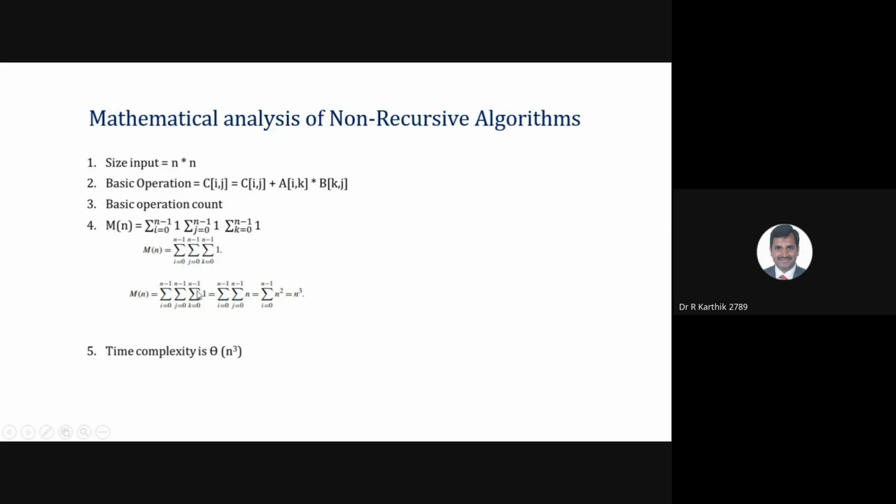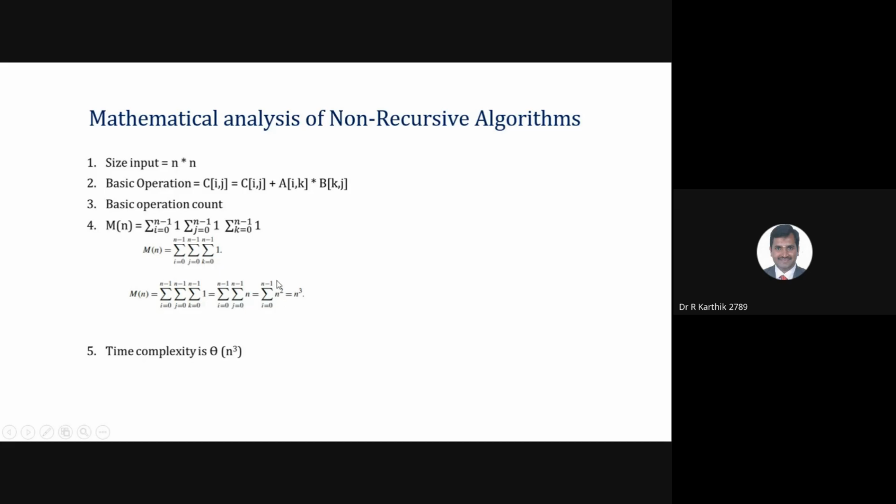For k equals 0 to n minus 1, 1, we found the value as n. Now we have to move this n to the front. In front of this, we will have again summation j equals 0 to n minus 1, 1. Use the same formula and you will get another n for j, then move that outside. Otherwise, you can keep it on the same side, it becomes n square.